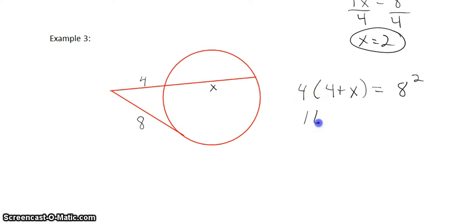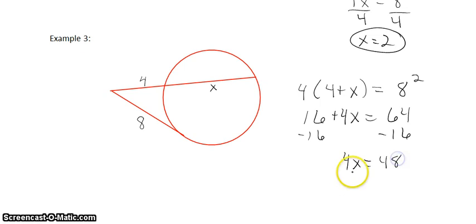So I would have 16 plus 4x equals 64. Subtract 16. So 4x equals 48. Divide both sides by 4. So x equals 12. So we can find the missing part.